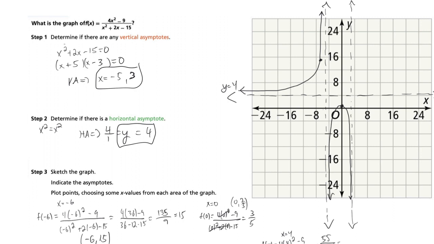Now, 55 over 9 is kind of hard to think about, so as a decimal it'd be 6.11 repeating. So it'd be 4, 6.11 repeating. Find 4, and 6.11 is about here. Then make our curve, making sure it's approaching both the vertical and horizontal asymptote. And now we are done with our graph.